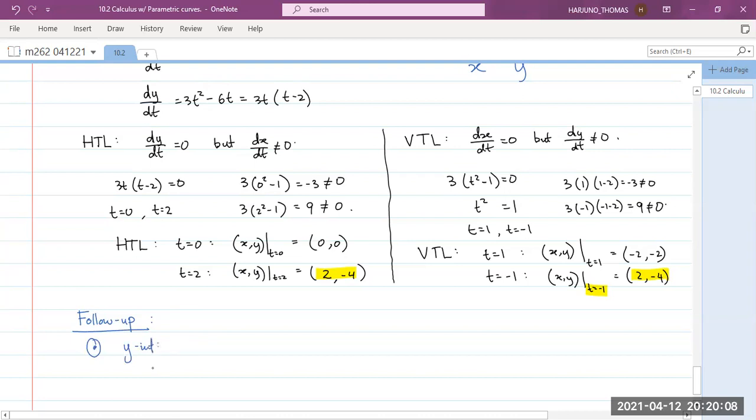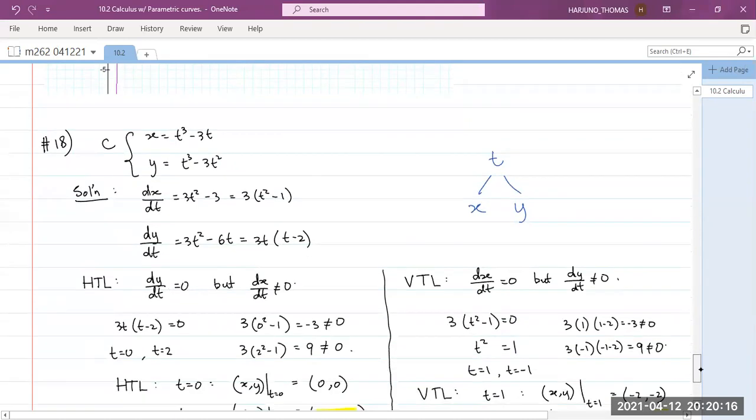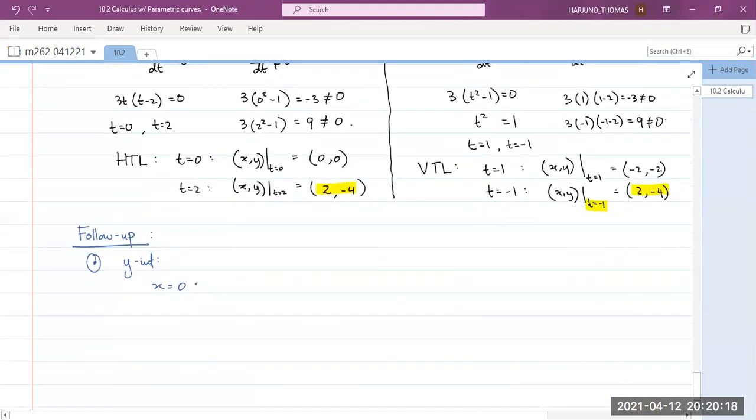Y-intercept is when x equals 0, right? But what is my x again? T cubed minus 3t equals 0. T times t squared minus 3 equals 0.